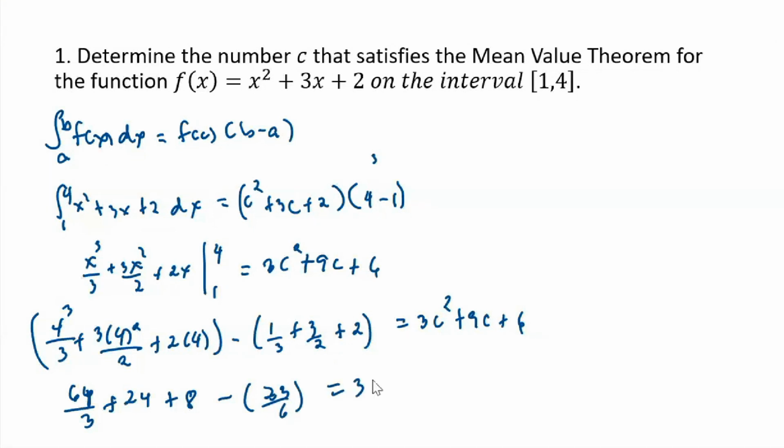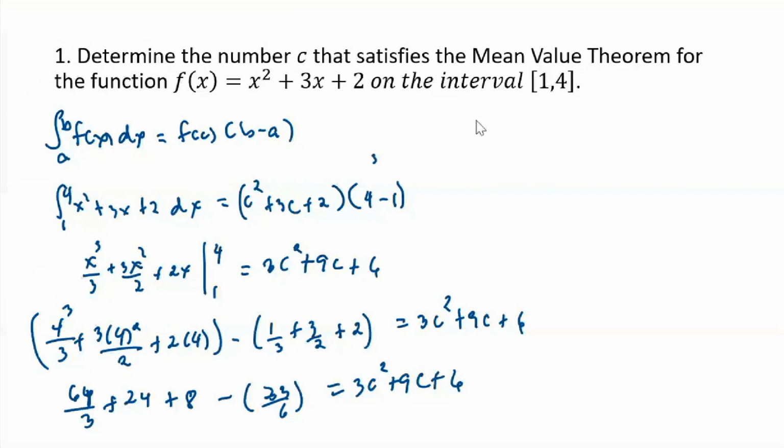And then I will just rewrite the right-hand side, 3c squared plus 9c plus 6. And then simplifying the left-hand side, I will just add. We have 64 over 3 plus 24 plus 8, and then minus 23 over 6.